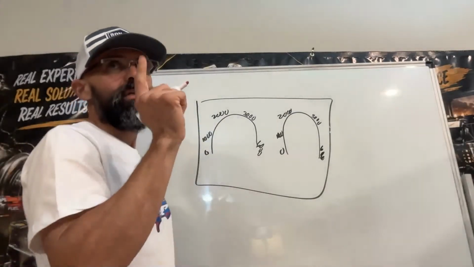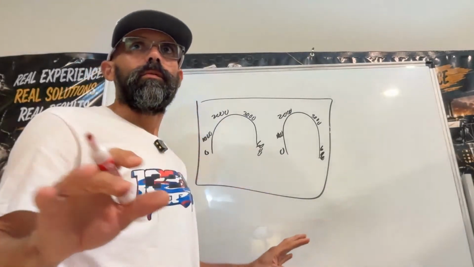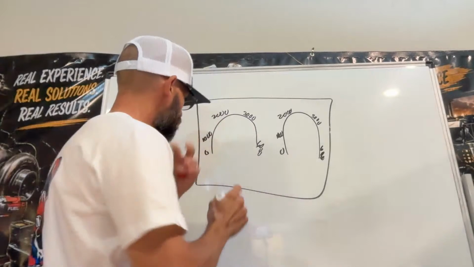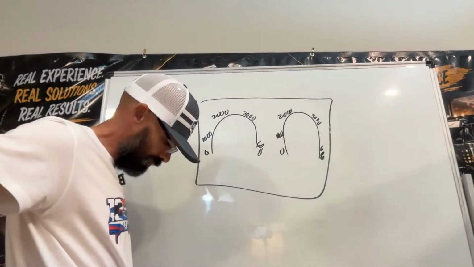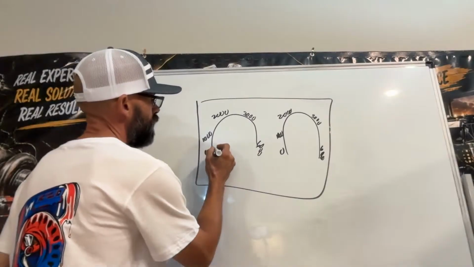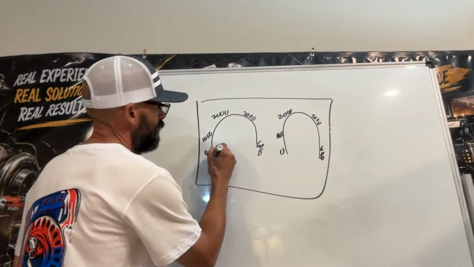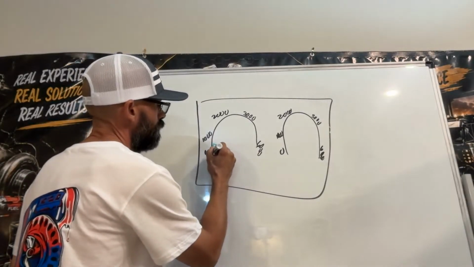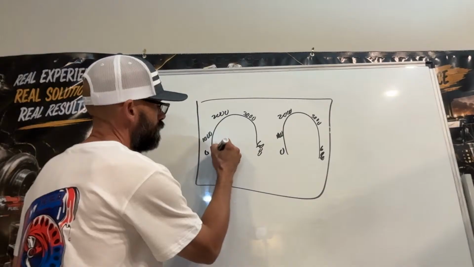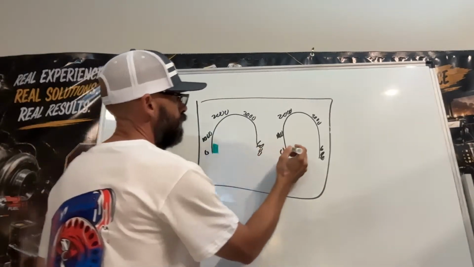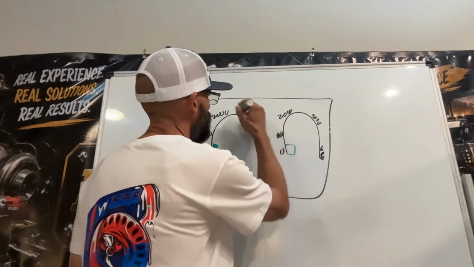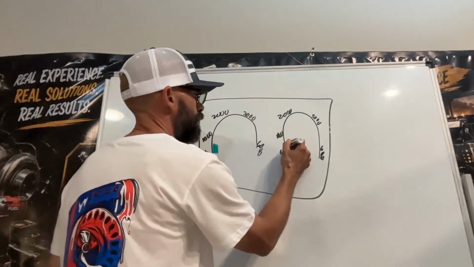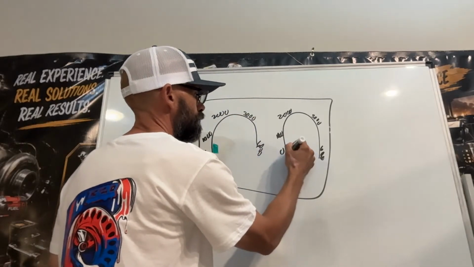When you have the engine running at idle, no functions running, you're gonna see right here. Let me use this color because this is the actual color. You're gonna see a reading on green, right? On green. And you're gonna see this one the same. You're gonna see green.